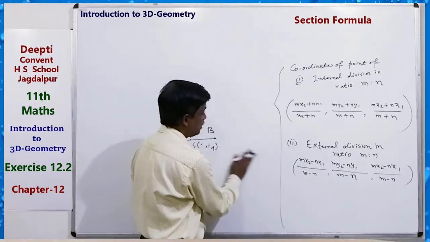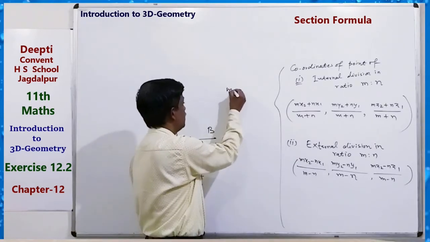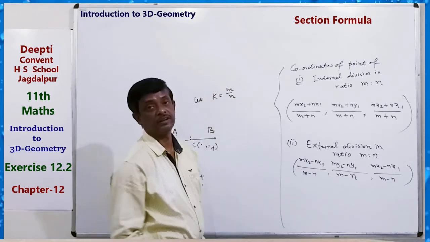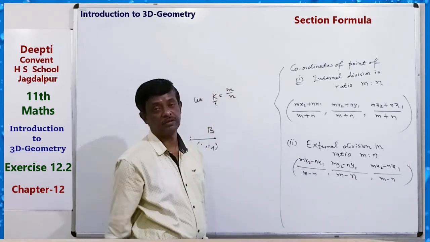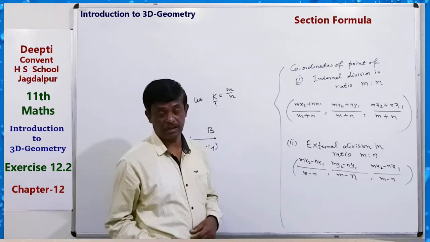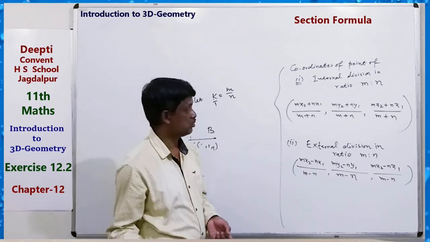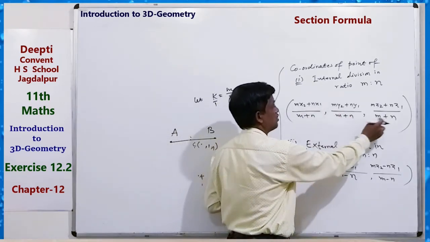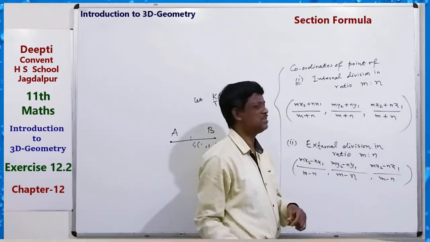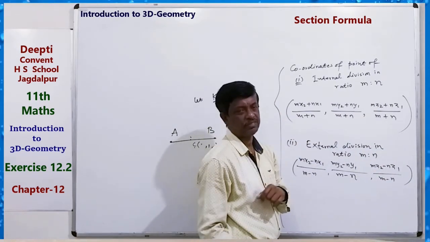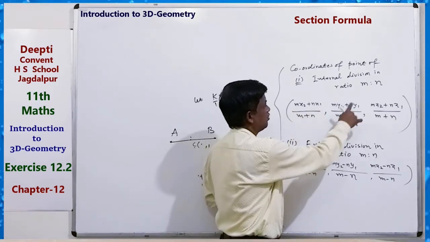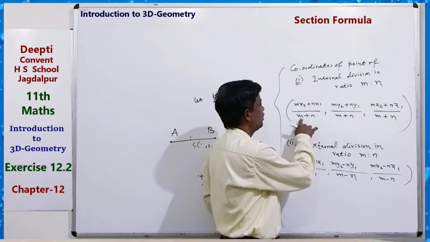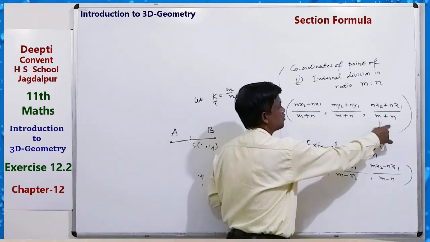Here also, for finding the ratio m by n, we let k equals m by n, that is k by 1 equals m by n. So we can suppose the ratio k:1 and use k plus 1 in the denominator.